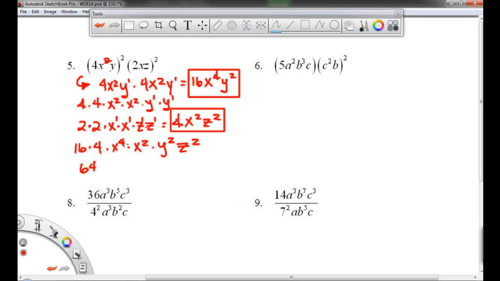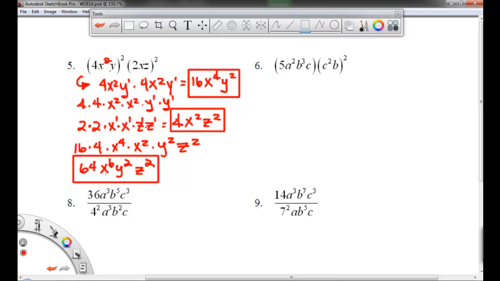That's not x to the 8th, it's x to the 6th. y squared is just by itself, so it stays just like that. z squared is by itself, so it just stays as z squared. So the final answer for number 5 is 64x to the 6th, y squared, z squared.